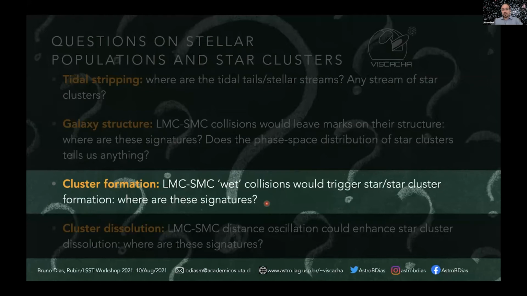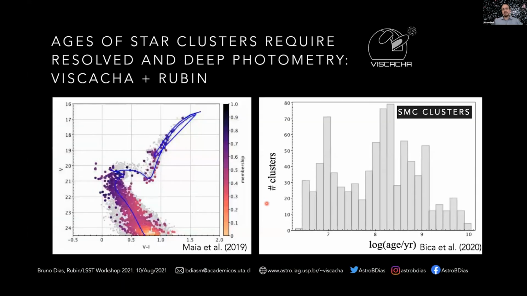The cluster formation. So when you have a galaxy that's full of gas, like the SMC, and you have a close encounter with the LMC, when you have this binary oscillation, it should trigger cluster formation, right? So for this, it's crucial that you determine ages with a very good precision. And for that, we need accurate photometry and well-resolved star clusters, right?